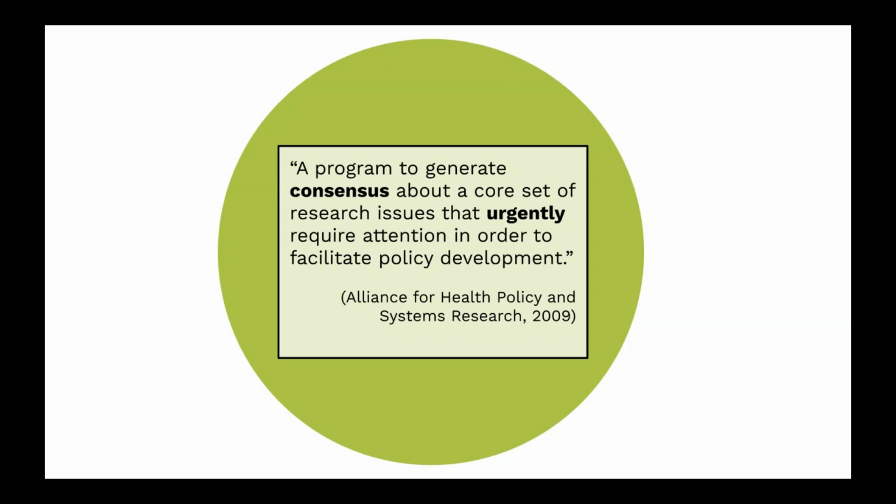So we already have some of these criteria emerging in this definition. But what is most important, I think, is the last part, which is to facilitate policy development. So any priority setting is linked to a certain objective, which is policy development, conducting systematic review, conducting research, etc. So that has to be kept in mind as we go forward.